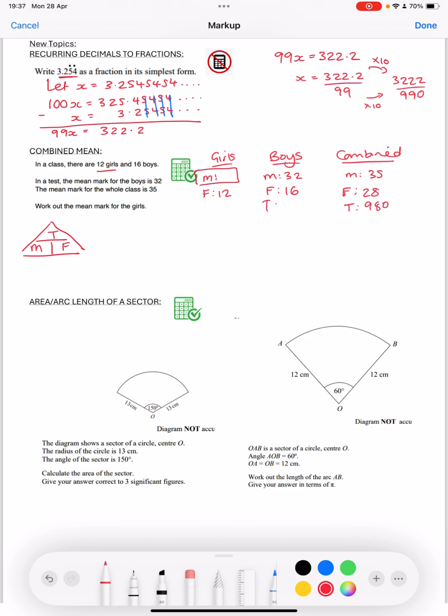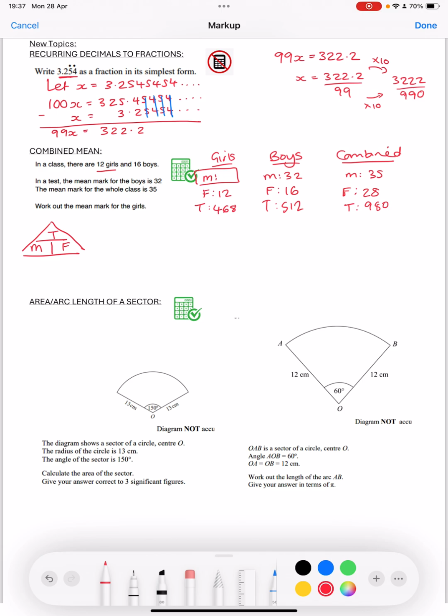And then for the boys, we've got 32 times 16, which is 512. Now, because I know the combined total and the boys' total, if I subtract the boys from the combined, 980 minus 512, I'll be left with the girls at 468.